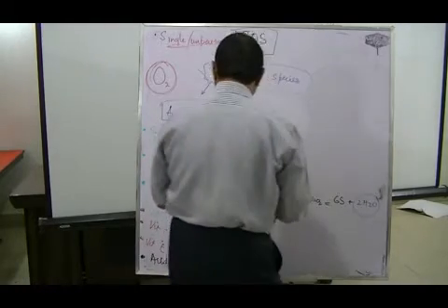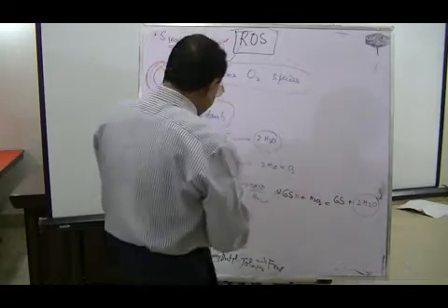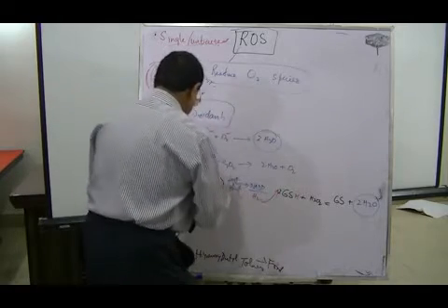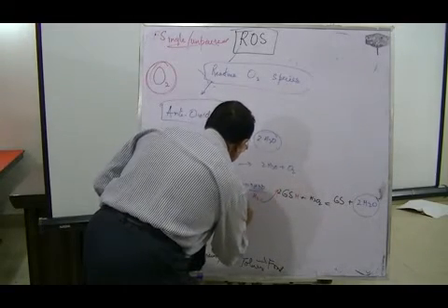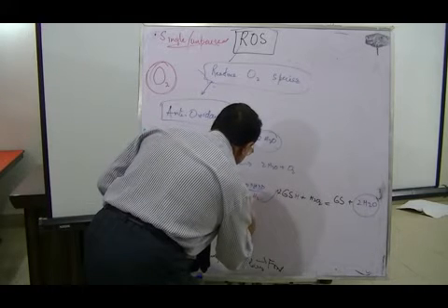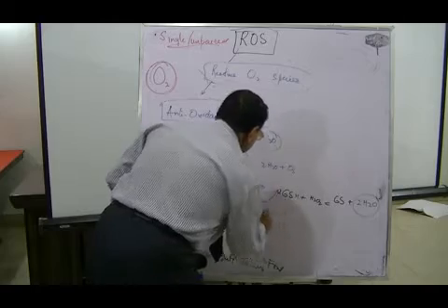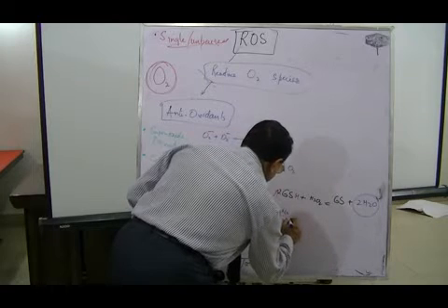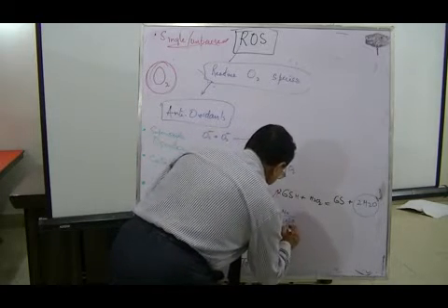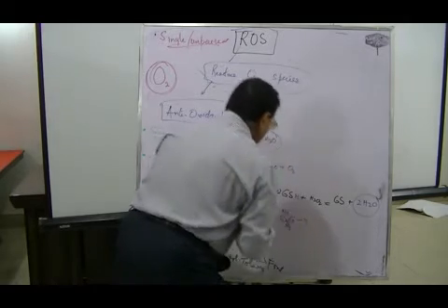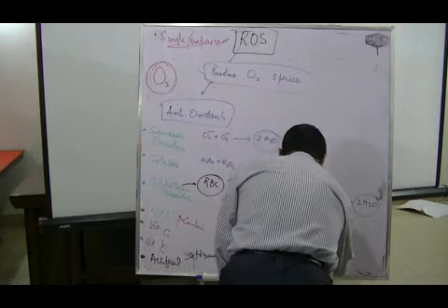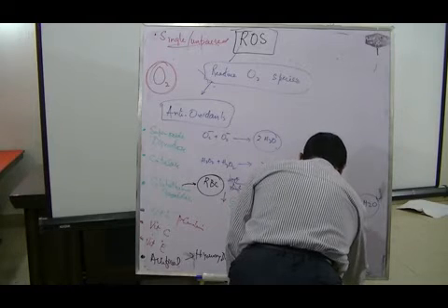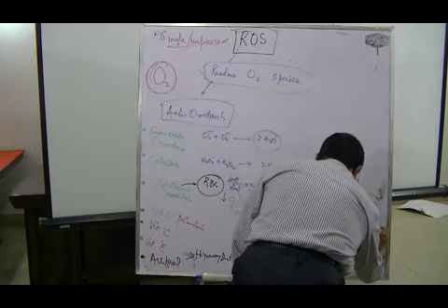So in a normal RBC, if there is a defective HMP shunt or a decrease in G6PD, glucose 6-phosphate dehydrogenase, then NADPH2 will not be formed, and so glutathione will not be reduced, leading to H2O2 in excess.